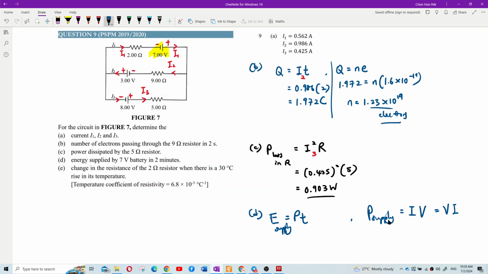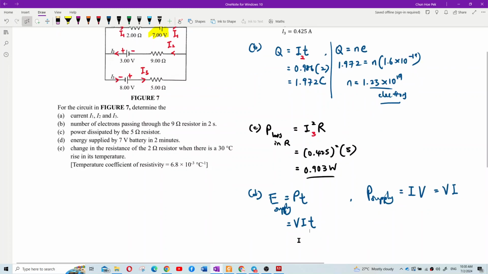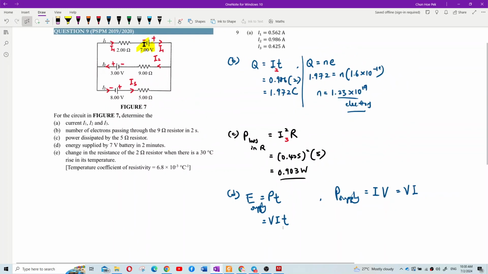So energy supply is VIT, just an extra T, time. So you use 7 volt, and the current passing through is I1. So it is 7 volt multiplied by I1. I1 is 0.562.